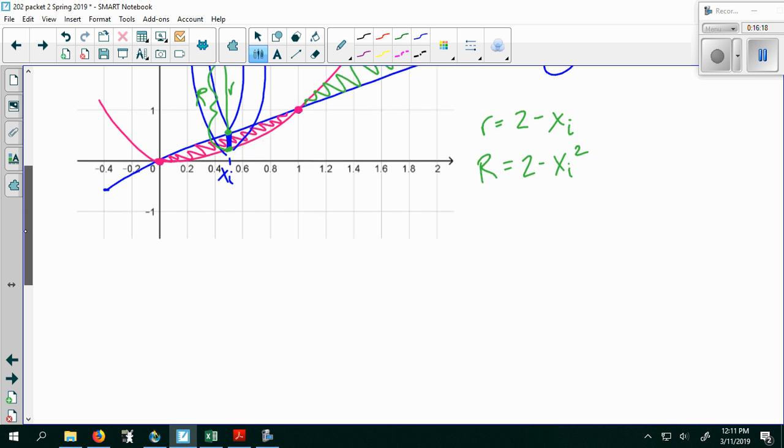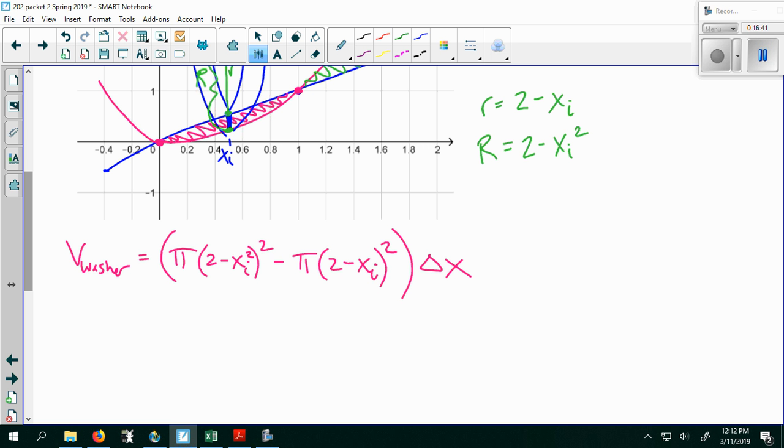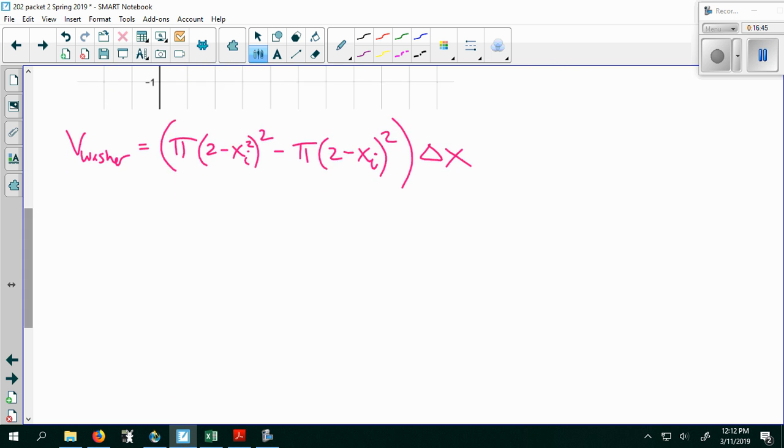So the volume of my washer is pi times big R squared minus pi times little r squared, all times the thickness of the washer, which is delta x. And then I'm going to add up all my washers.